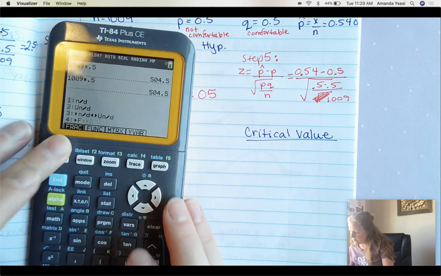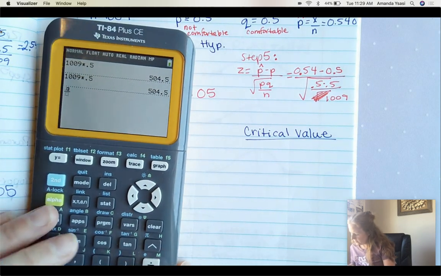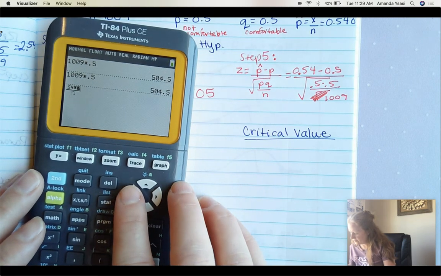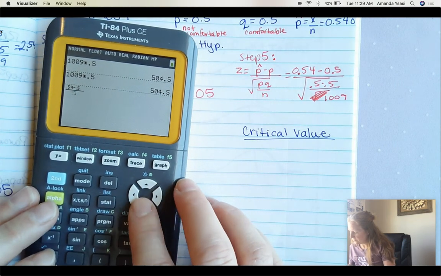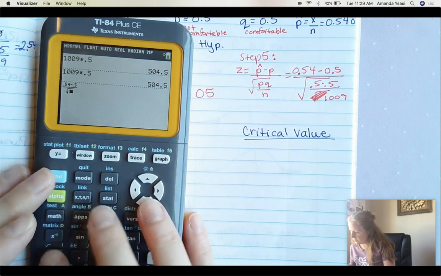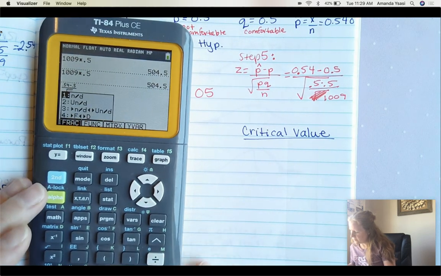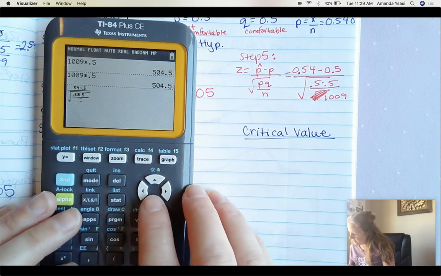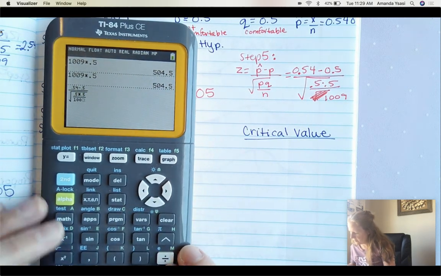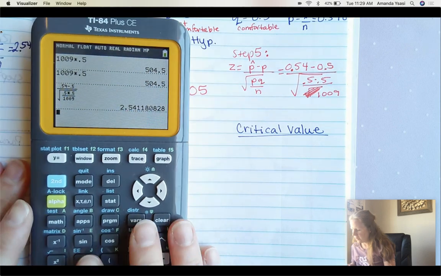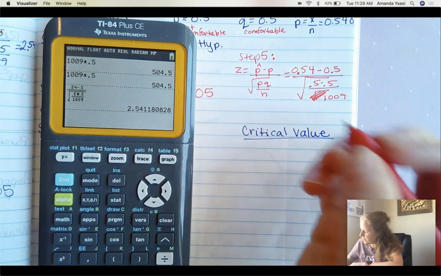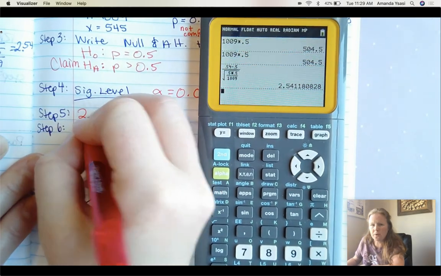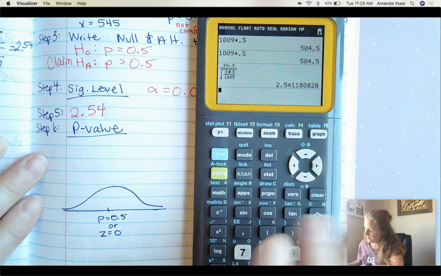So it's a fraction. We do 0.54, not times, minus 0.5. And then square root, and then another fraction: 0.5 times 0.5 over 1,009. Okay, so that came out to, we can write it here, 2.54.